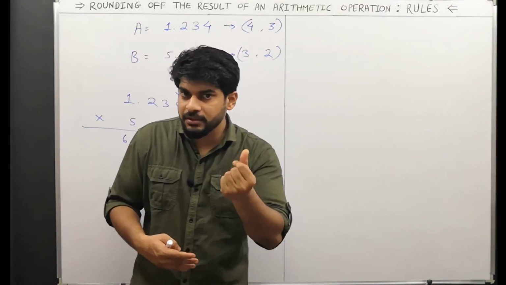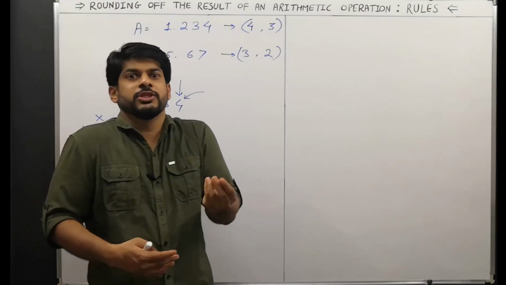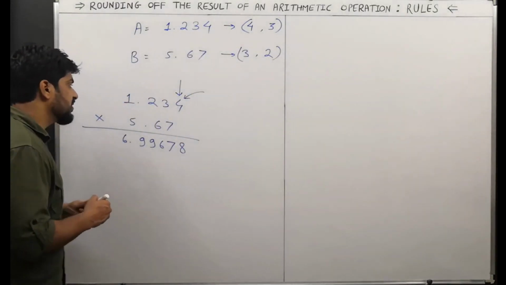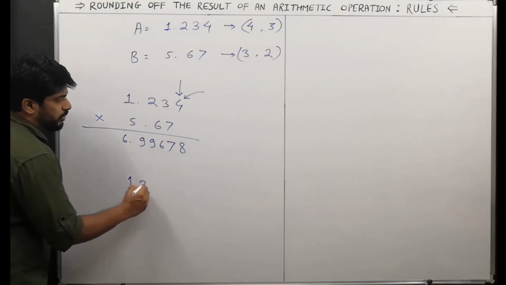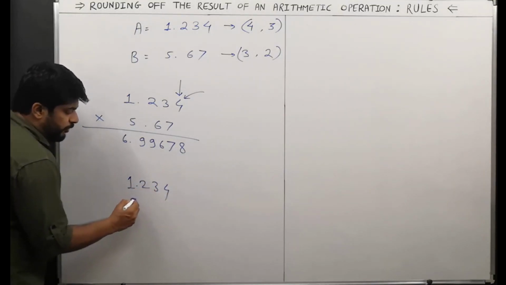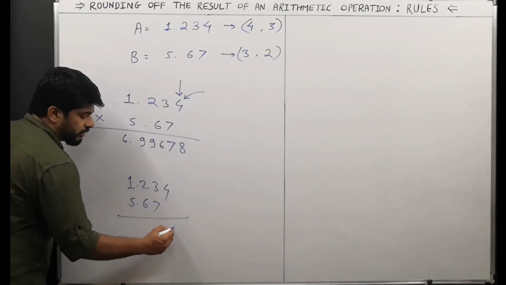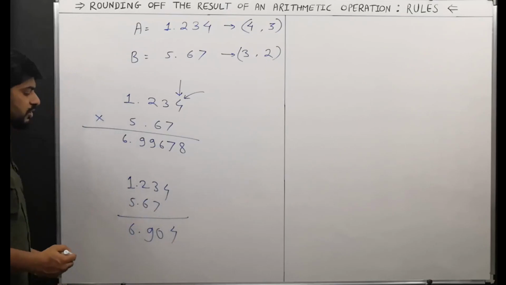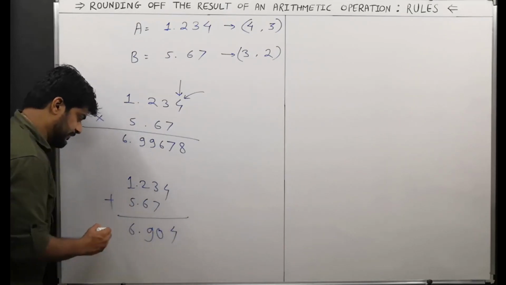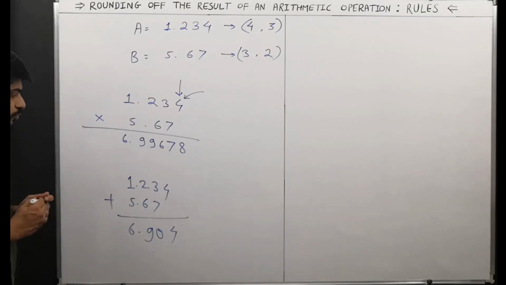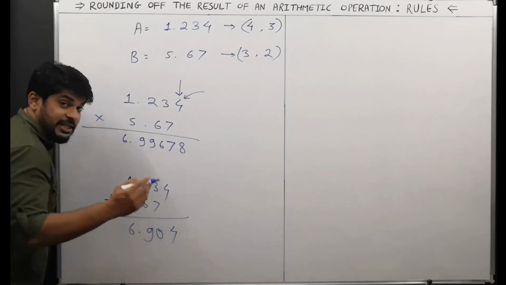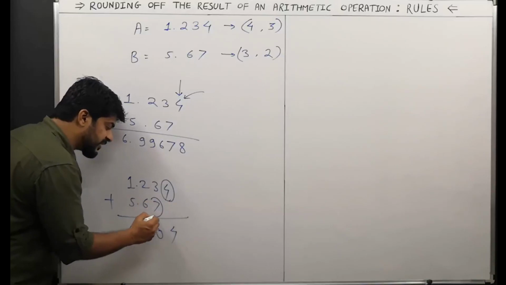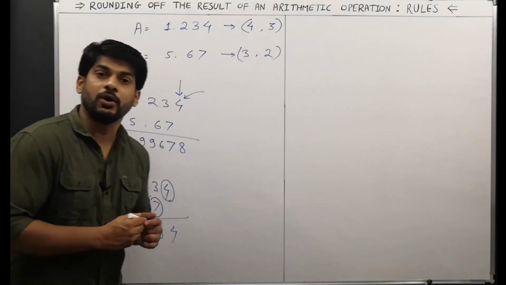So we must have some ground rules. Even if you add 1.234 and 5.67, it would be 6.904. That is the addition of these numbers. As we have already seen, the last digit has the uncertainty because of the least count error.